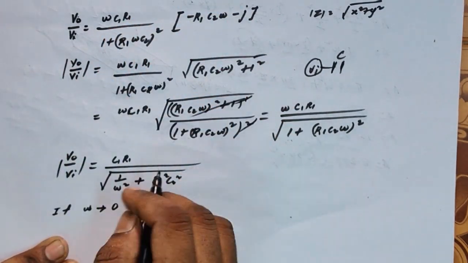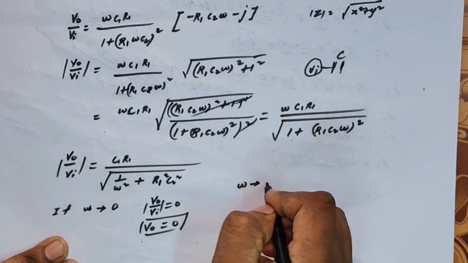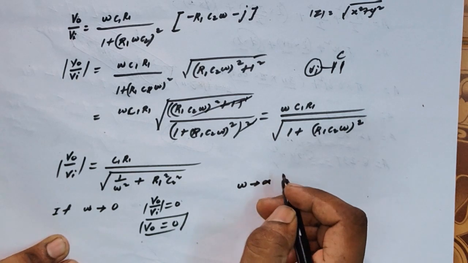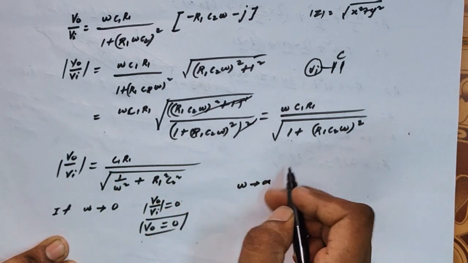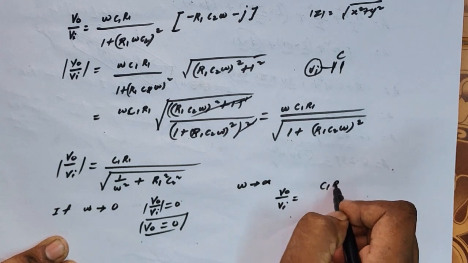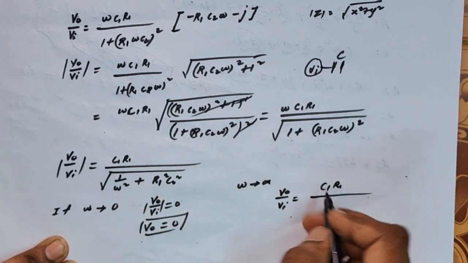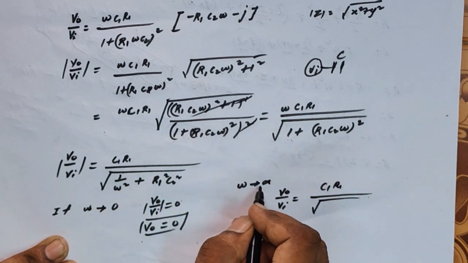Now what would happen at a higher frequency, if omega approaches infinity? If omega is infinity, 1 by infinity, this term goes to 0. Hence V naught by Vi will be equal to C1 R1 divided by the square root of what remains, since the other term goes to 0 at infinite frequency.